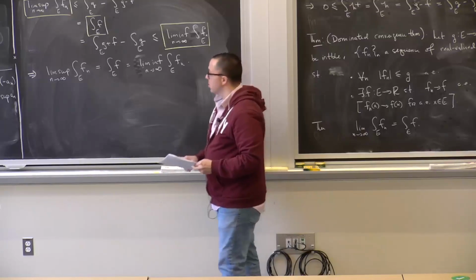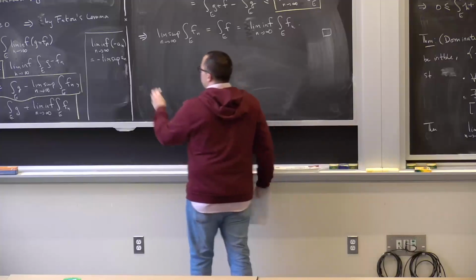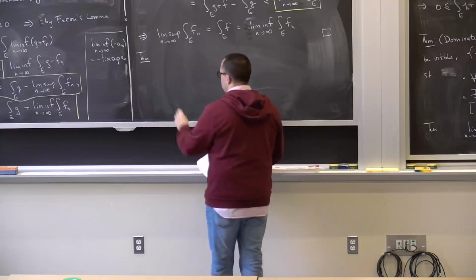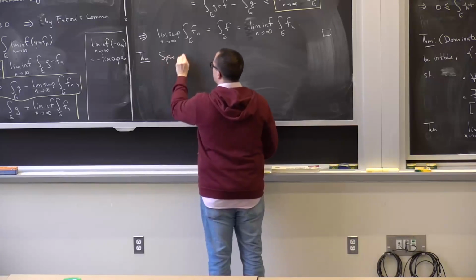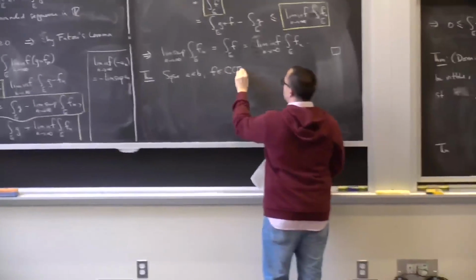Now let's use some of this muscle we've been building up. So suppose a is less than b, and f is a continuous function on [a,b].